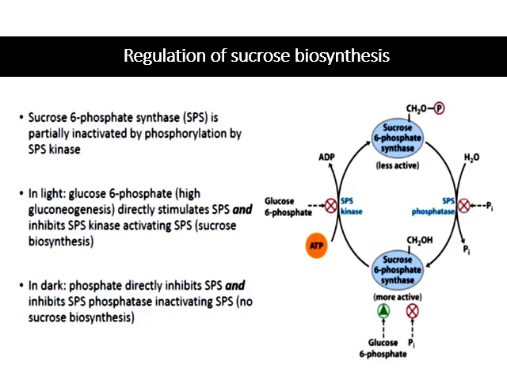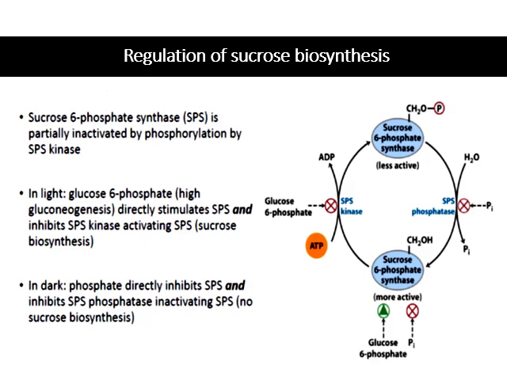This phosphorylation is carried out by an enzyme called sucrose 6-phosphate synthase kinase, the SPS kinase enzyme. So any molecule which modulates the action of this SPS kinase will have an impact on sucrose 6-phosphate synthase.